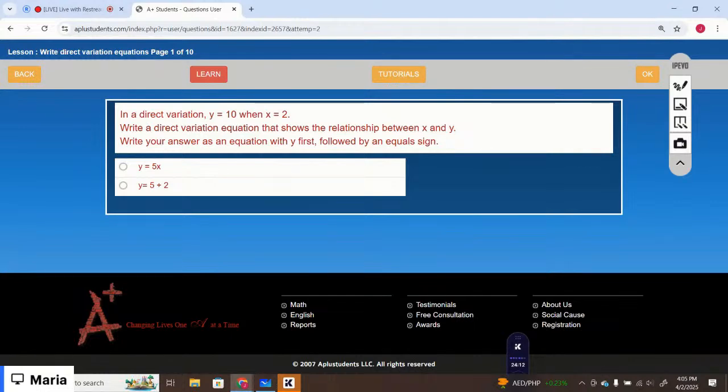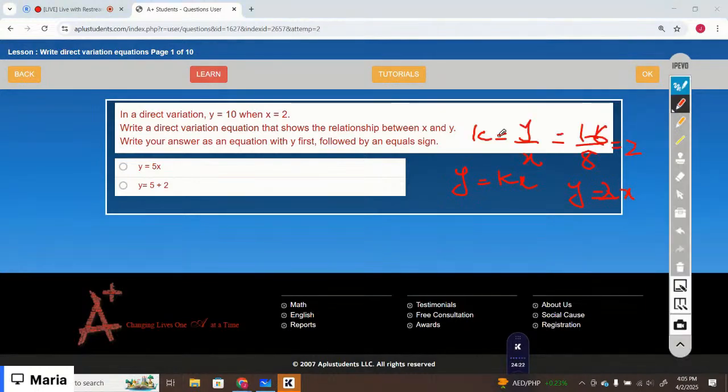Write a direct variation equation that shows the relationship between x and y. So when we were working on the direct variation, k equals y over x, y is 10, x is 2. The k equals 5.